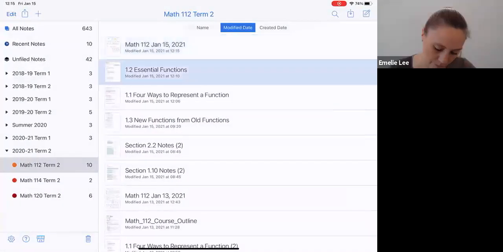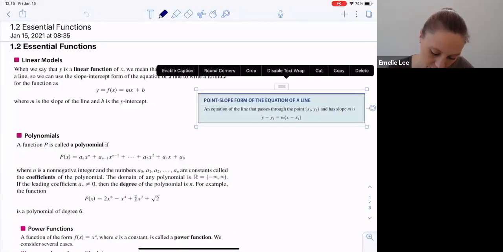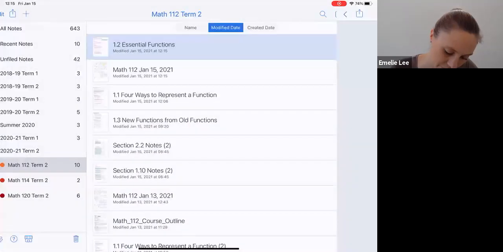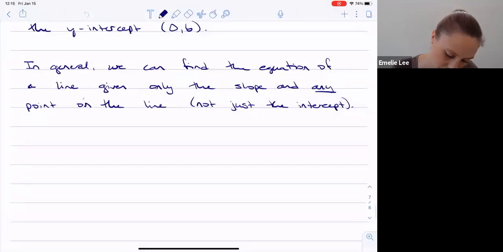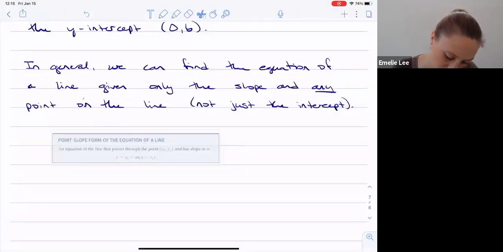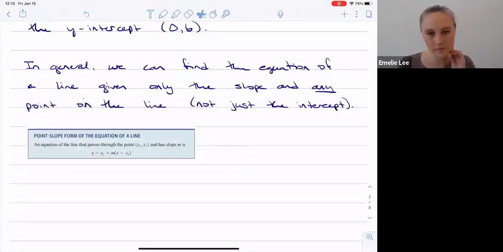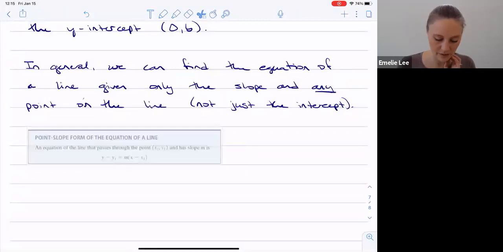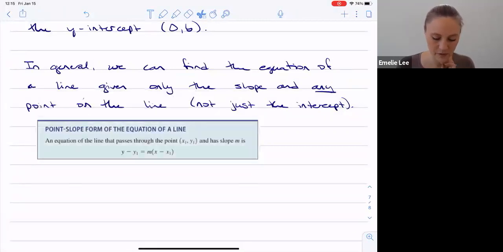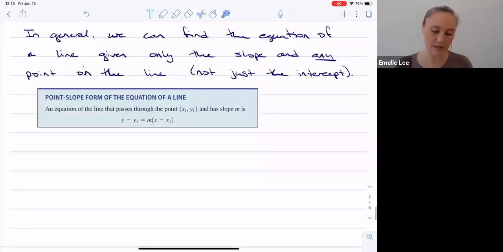So the point slope form of the line: an equation of the line that passes through the point x1, y1, allowing for any point, and has a slope of m.